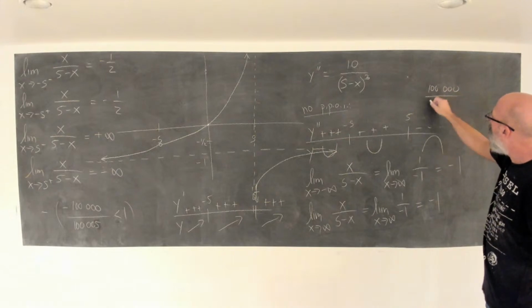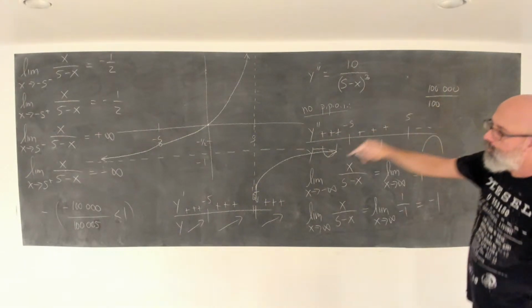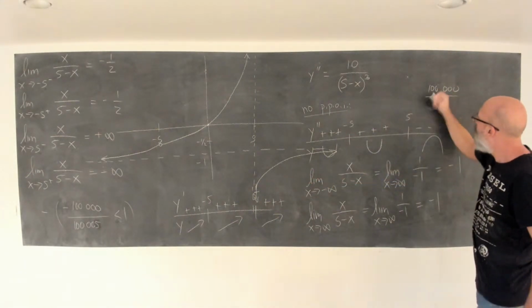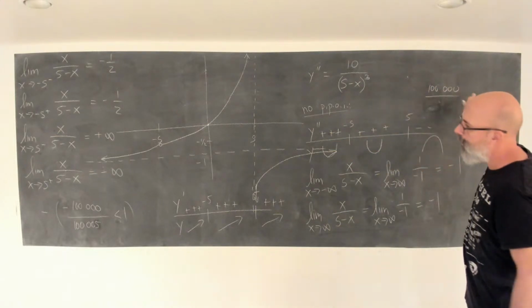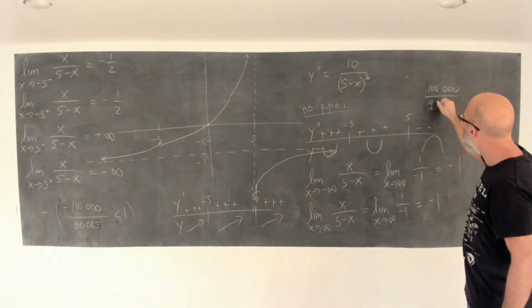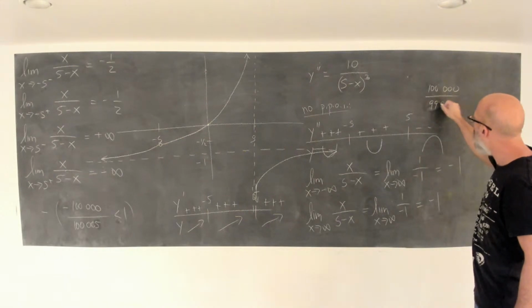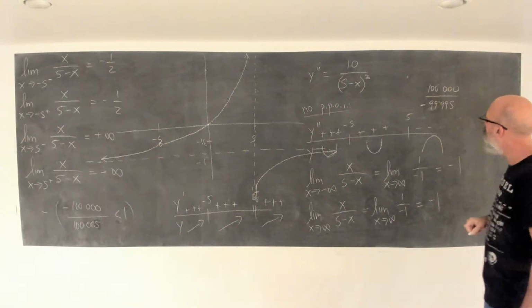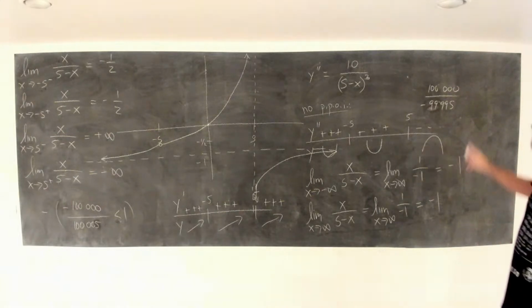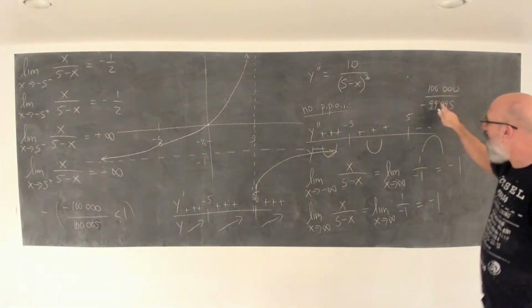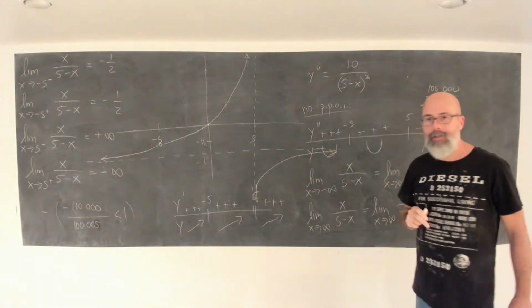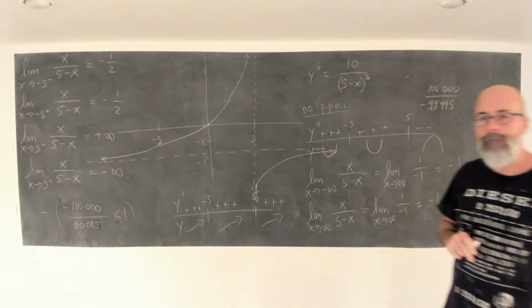If you plug in 100,000, that would be -999,995 over something. So you could check that this is actually just a bit less than -1.